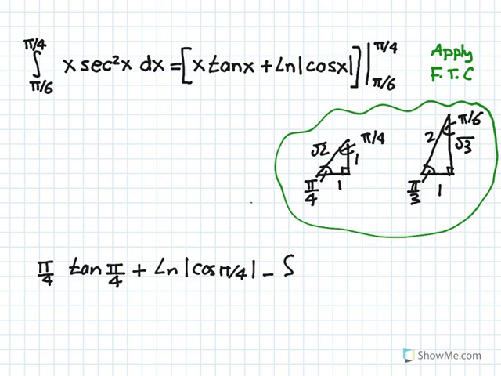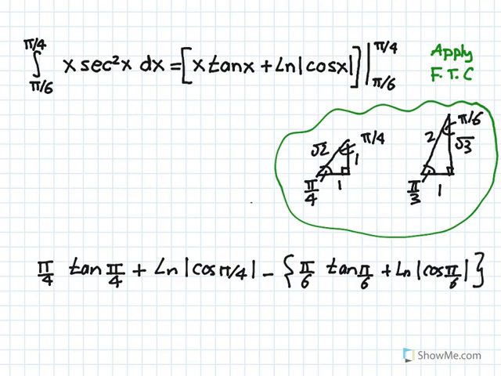Now, substituting the lower limit in, we get pi over 6, tangent of pi over 6, plus log of cosine of pi over 6.